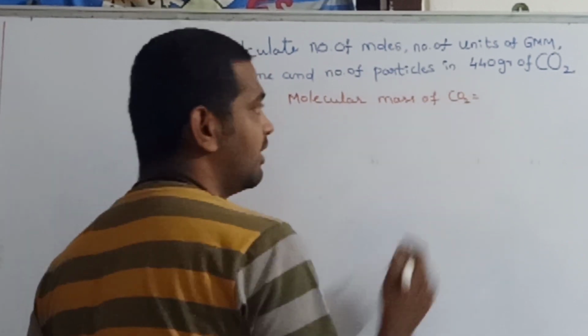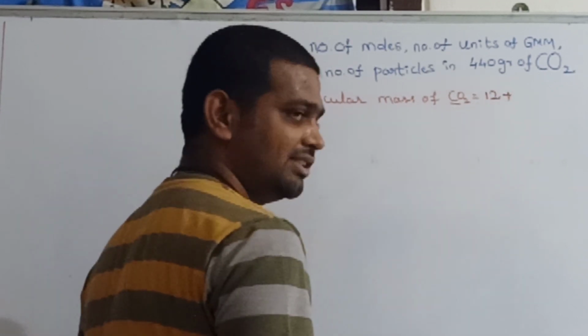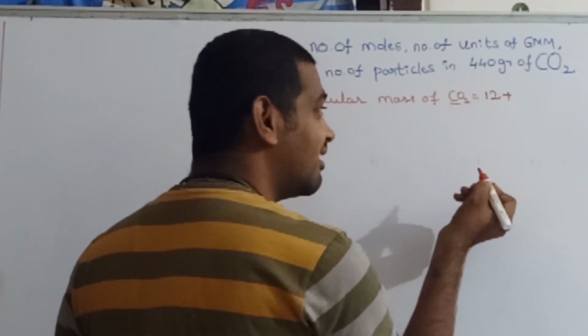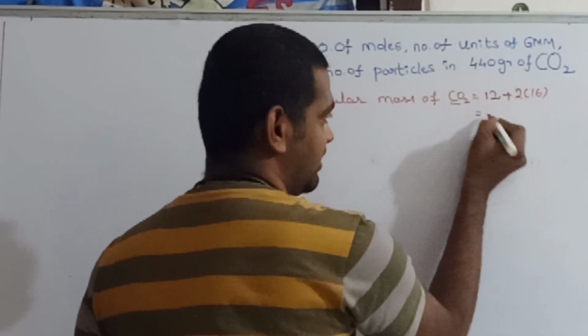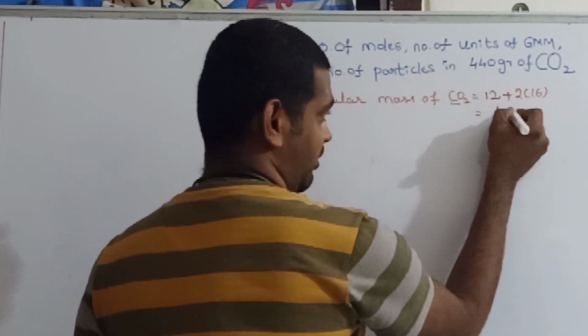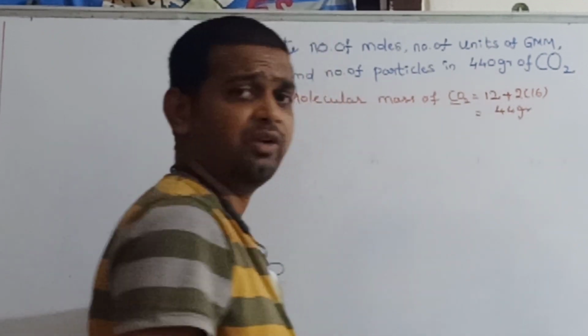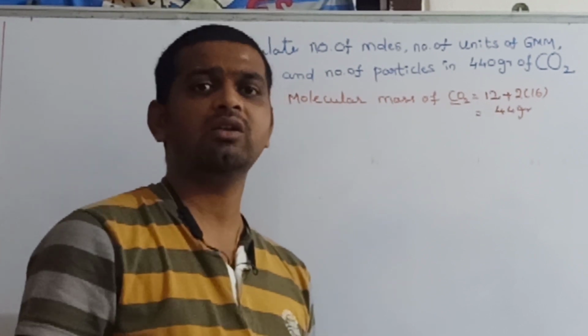Carbon atomic weight is 12 and oxygen atomic weight is 16. How many oxygens are there? 2. So 2 into 16, which is equal to 12 plus 32, 44 grams. So if we take 44 grams of carbon dioxide, it is equivalent to 1 mole.